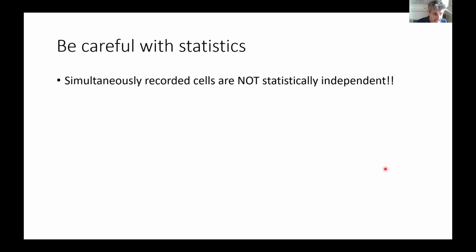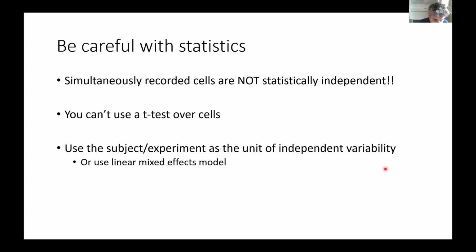If you did a t-test treating the neurons you record as statistically independent, you'd get an absurdly significant p-value, even if you had no genuine effect. You can't do a t-test where the cell is treated as an independent variable.